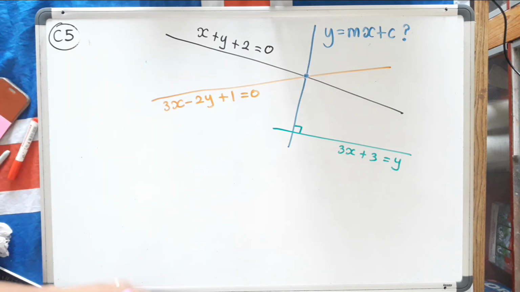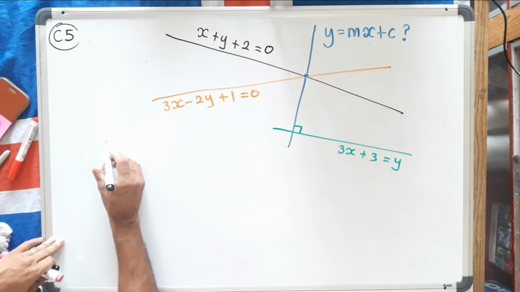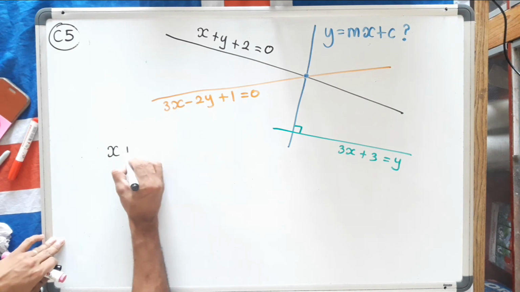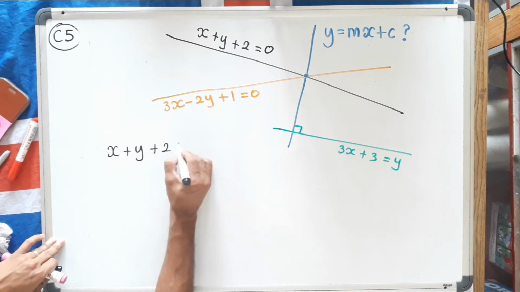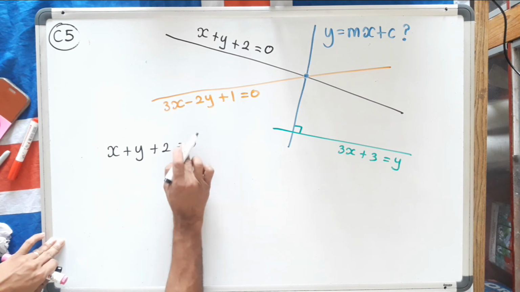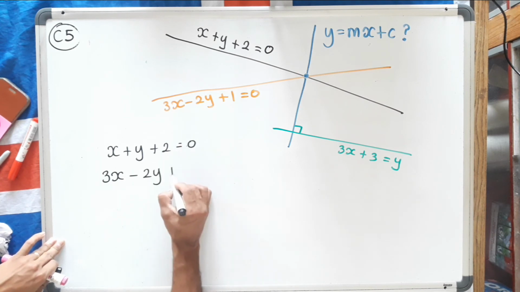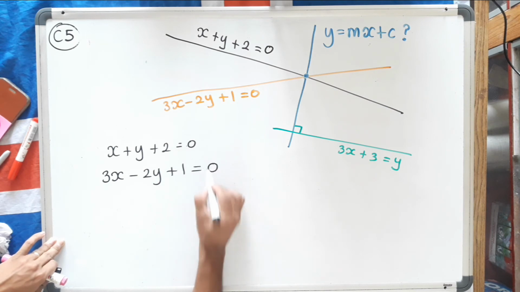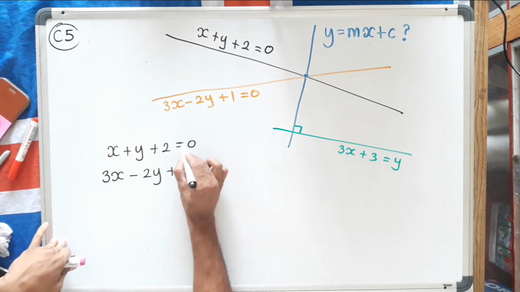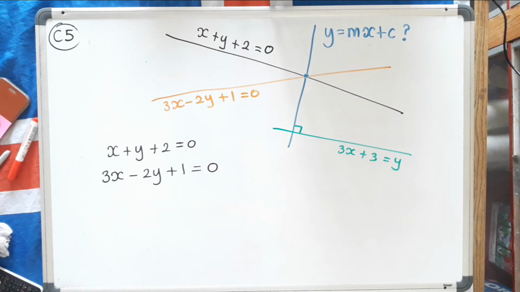Alright, welcome back. Let me solve it and see what I get. x plus y plus 2 equals 0. You have no idea how much I dislike solving simultaneous equations. No way, it's like a chore. Alright, so here's what I'm going to do.